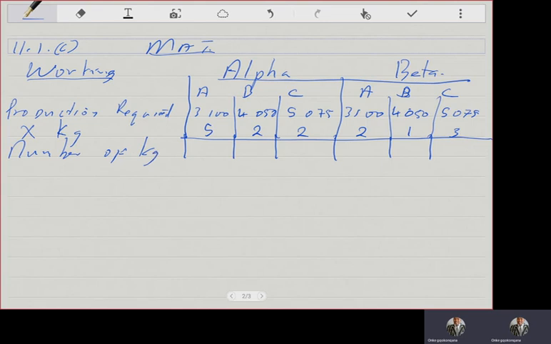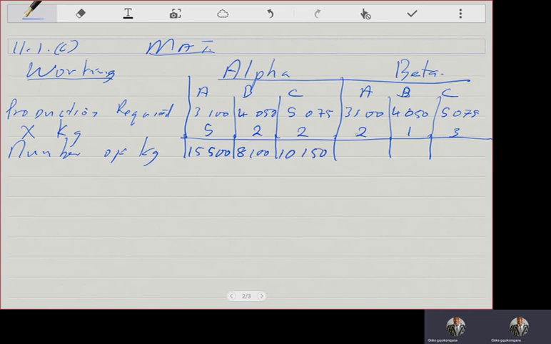So this side, your number of kgs to produce this 3,100 will be 15,500. So coming to product B, 4,050 times again by 2 gives us 8,100. 5,075 times again by 2 takes you to 10,150.